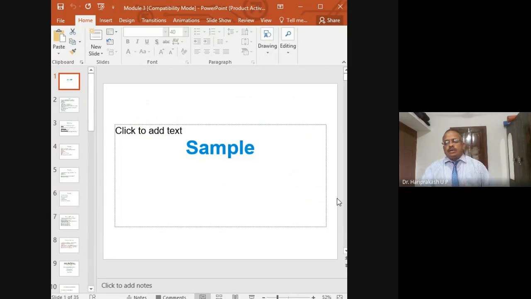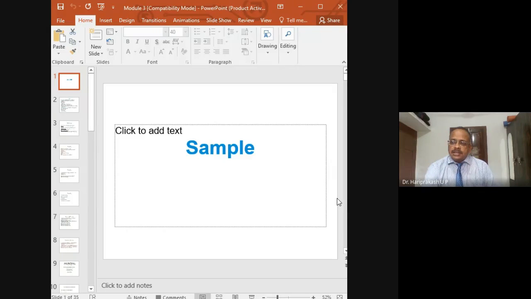So today our topic of discussion is sample or sampling. Okay. So we are talking about research methodology. So when we are doing research and we have to collect data, primary data, when the research involves collection of primary data, you will have to collect data from a sample most of the time.